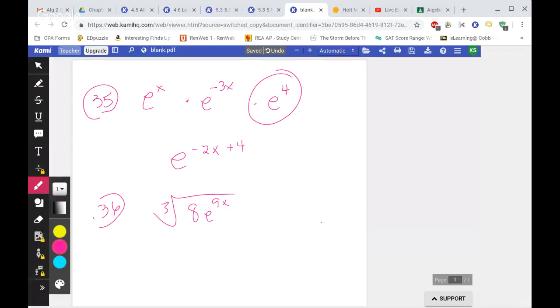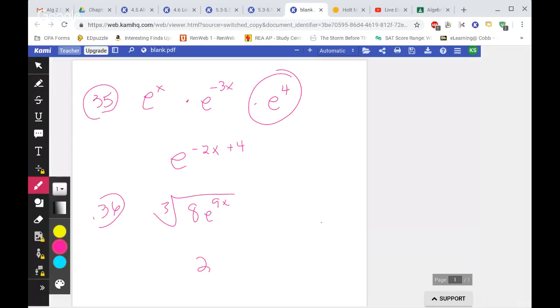Okay, so what you're going to do is just take out all the cube roots. So you would actually do the cube root of 8 is 2.